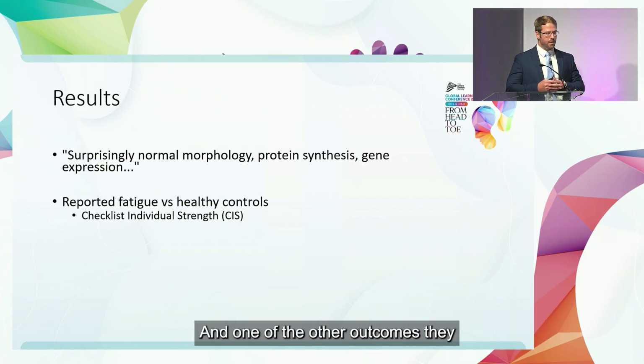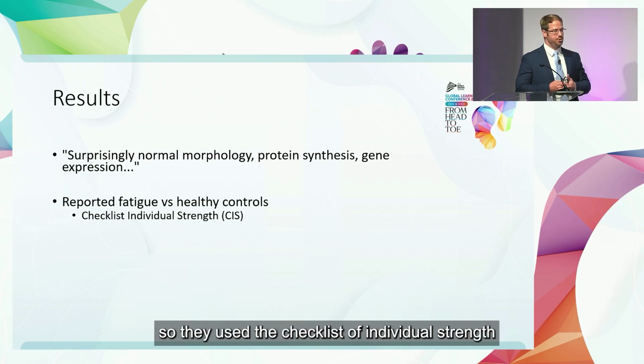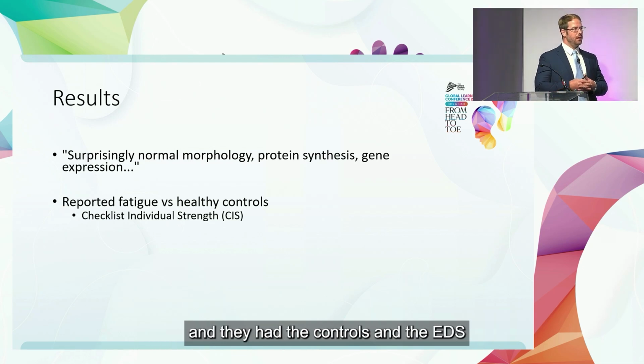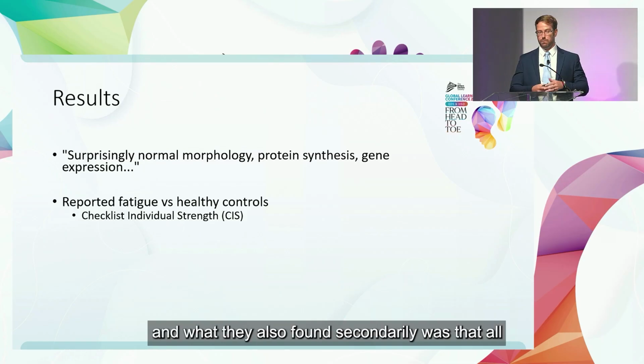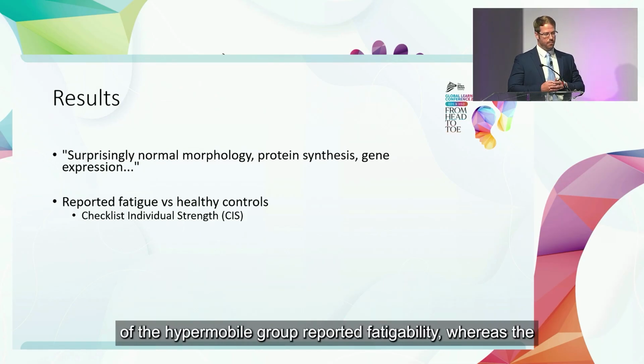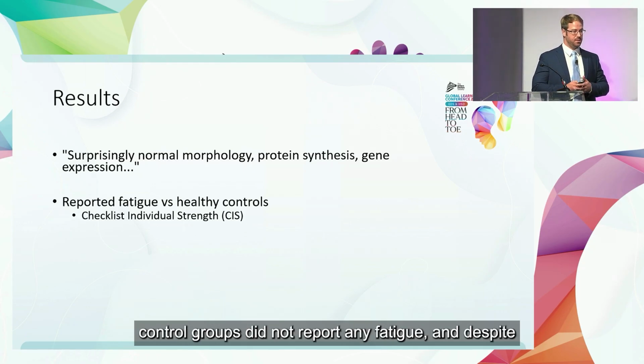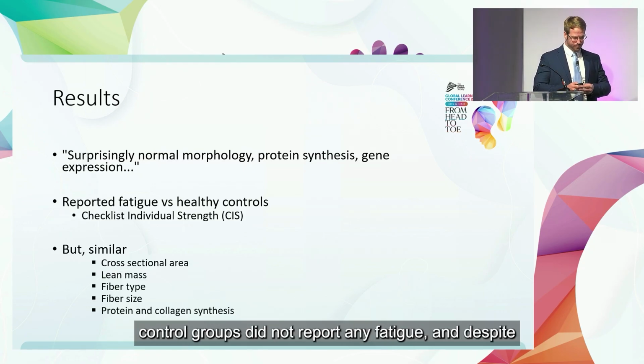One of the other outcomes they compared this with was a fatigue subscale. They used the Checklist Individual Strength, and the controls and the EDS group filled out the fatigue inventory specifically. What they also found secondarily was that all of the hypermobile group reported fatigability, whereas the control groups did not report any fatigue.